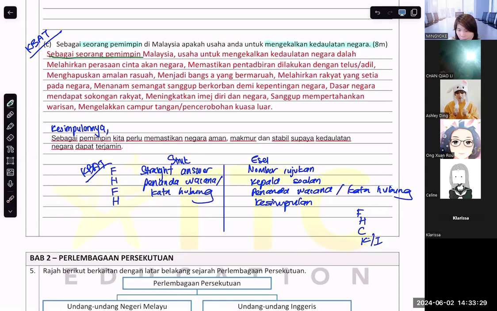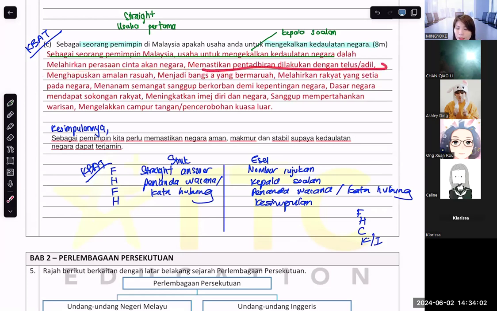This is kepala soalan already. If you don't put kepala soalan, you can go directly with usaha pertama. If straight answer, you can go directly with usaha pertama adalah melahirkan perasaan cinta akan negara.